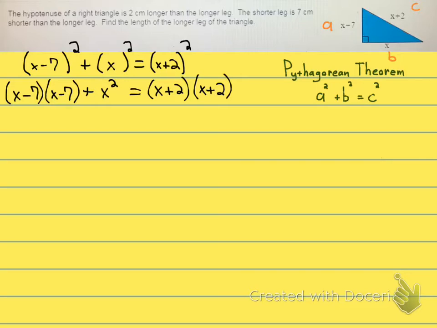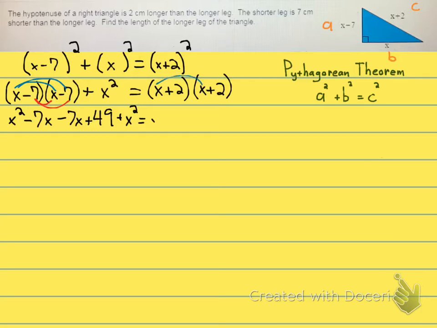When I FOIL x minus 7 times x minus 7, first two, x squared, outer two, minus 7x, inner two, minus 7x, and then the last two, negative 7 times negative 7 is a positive 49. This x squared right here just drops down. So plus x squared equals, let's FOIL this one.